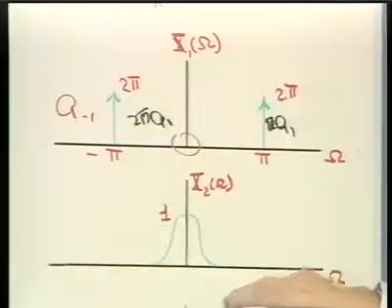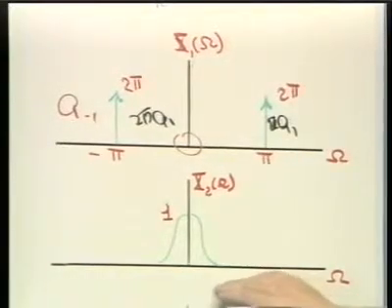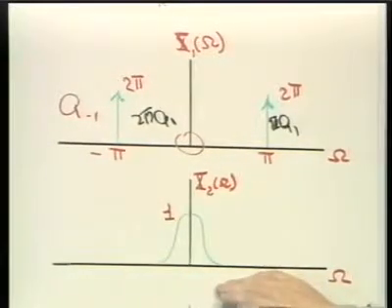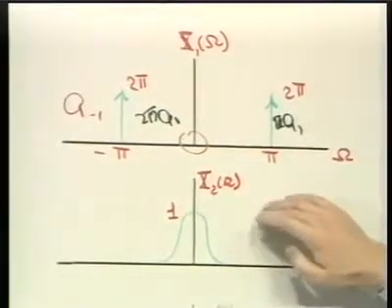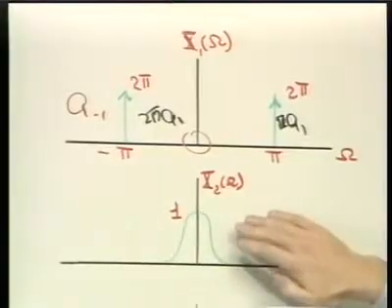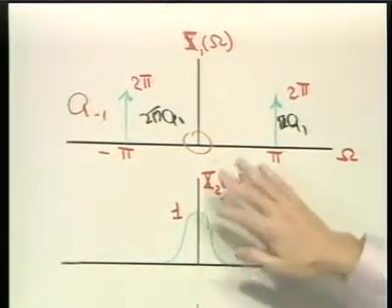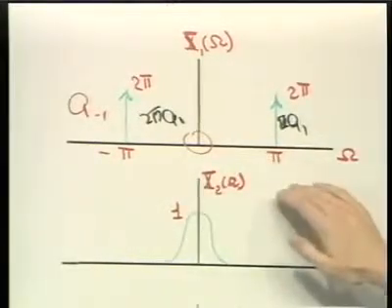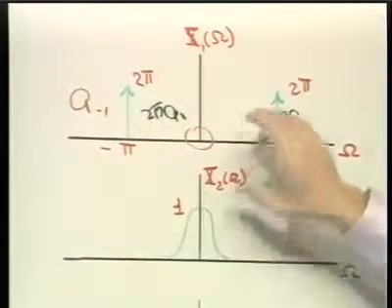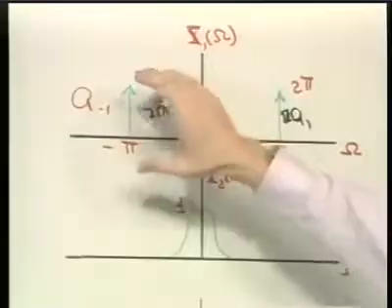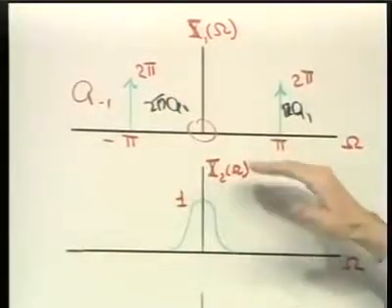Then the Fourier transform of the product of x1 of n and x2 of n is the convolution of these two spectra. And recall that if you convolve something with an impulse train, as this is, that simply corresponds to taking the something and placing it at the positions of each of the impulses.